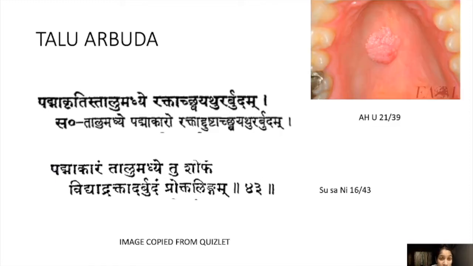This disease is known as talu arbuda, and we can compare this with epithelioma or cancer of the palate. It looks like a lotus, and it can be seen in the talu madhya region, and it is caused by rekta, and this is known as talu arbuda. It is mentioned in both Ashtanga Hridaya and Susra Samhita.